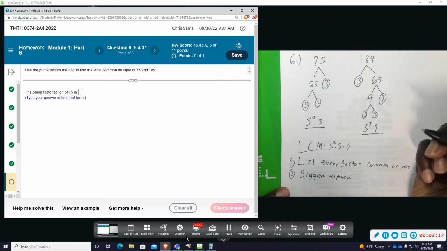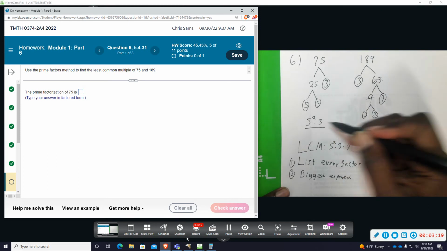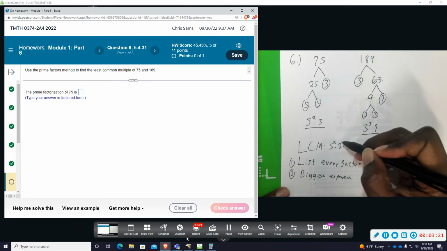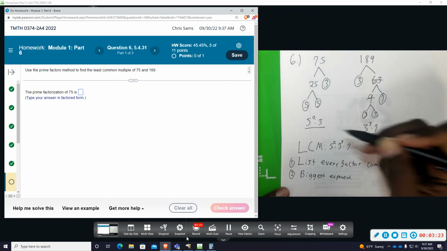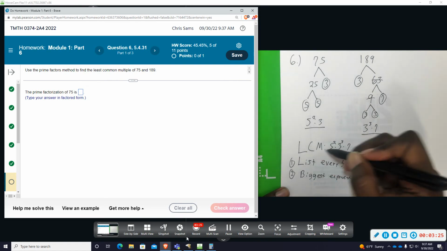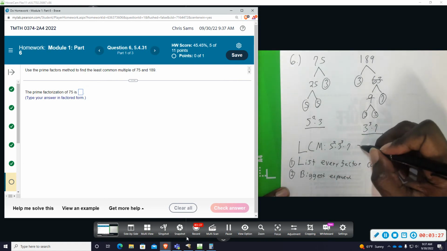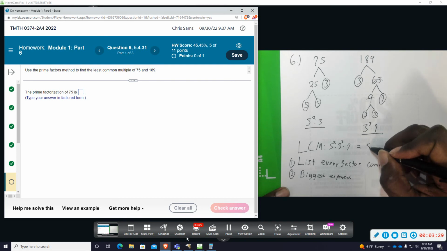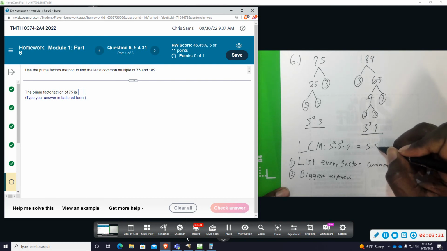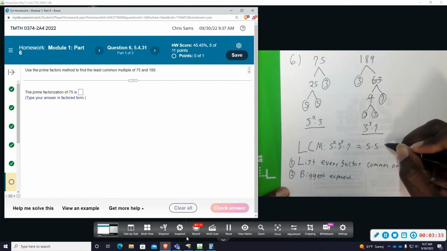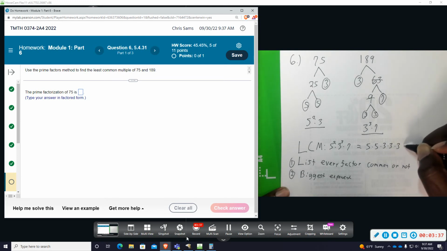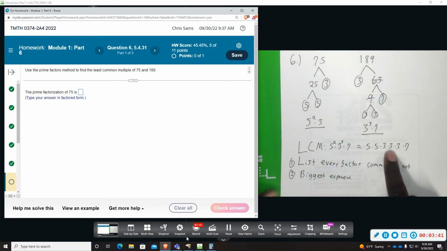There's a 2. No other 5 shows up. On the 3s, the biggest one is a 3. So I'm going to put a 3 there. There's only 1 7. So this is your least common multiple, which means I need to multiply 5 times 5 times 3 times 3 times 3 times 7. Okay, so this is what my least common multiple would be.